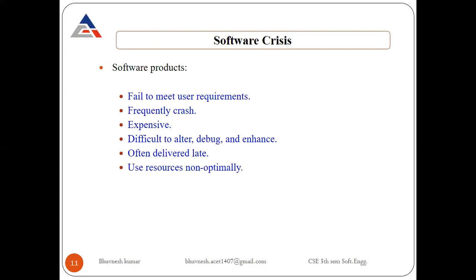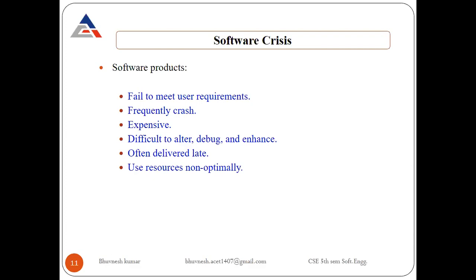When you installed it on your mobile phone, it might hang your phone, or the application crashed frequently, and that is the software crisis. After that, the application was no longer available on your Play Store or the internet. That is an example: if your application or software crashes frequently, that is also a crisis.